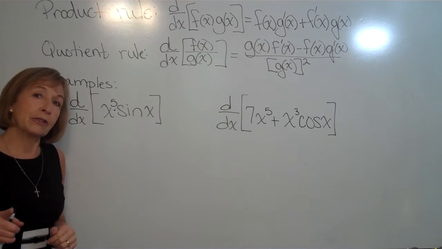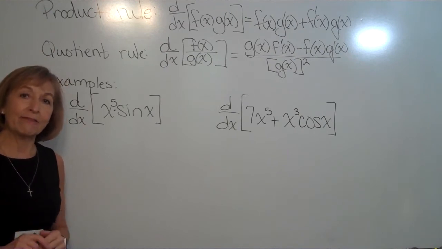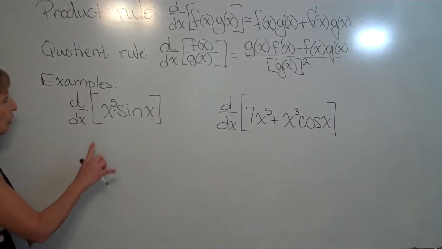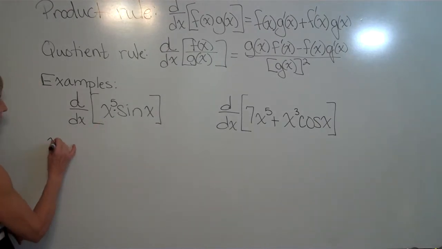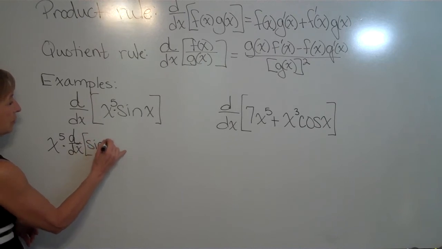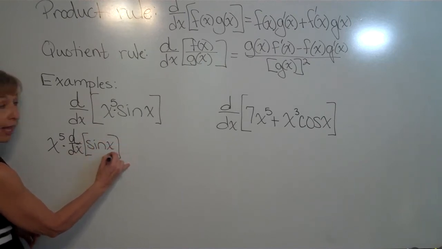Now I'm going to write it in notation first, and then after that go back and look at what our derivatives would be. So it's our first function x to the fifth times the derivative with respect to x of our sine x. So I'm just setting it up to get started.